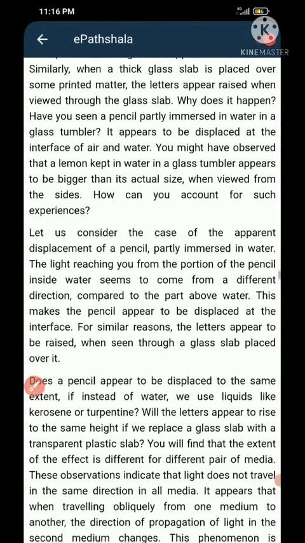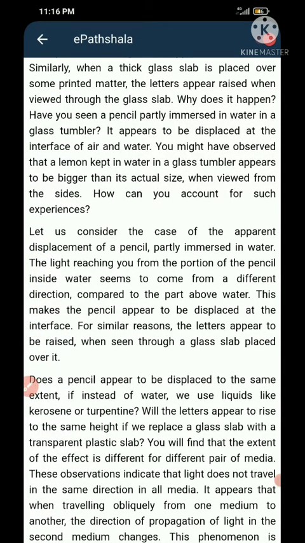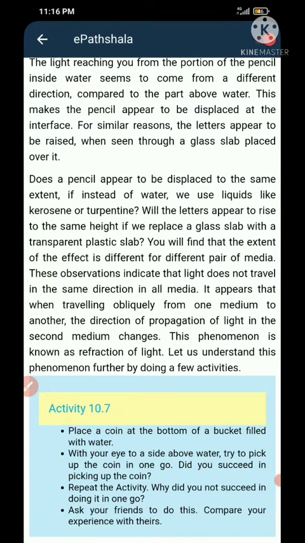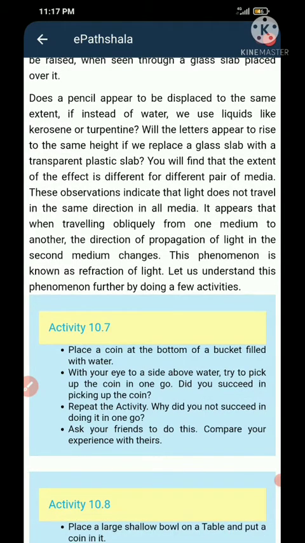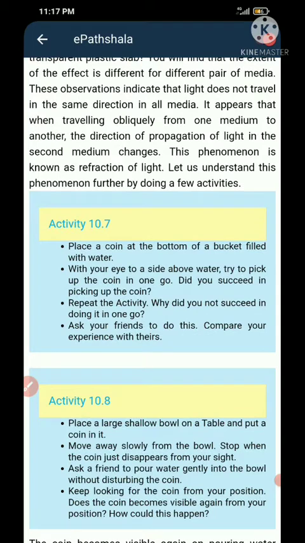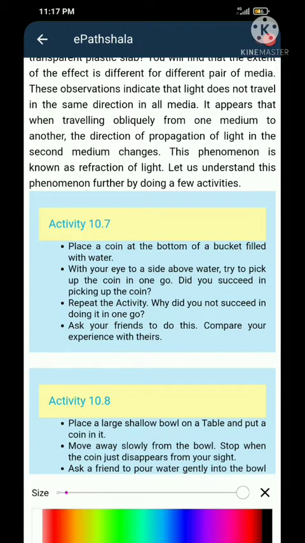There are so many other examples, like a pencil appearing to be displaced. To the same extent, if instead of water we use liquid kerosene or turpentine, the refraction changes. Activity 10.7 belongs to refraction, in which you take a bucket or anything full of water and place a coin at the bottom.